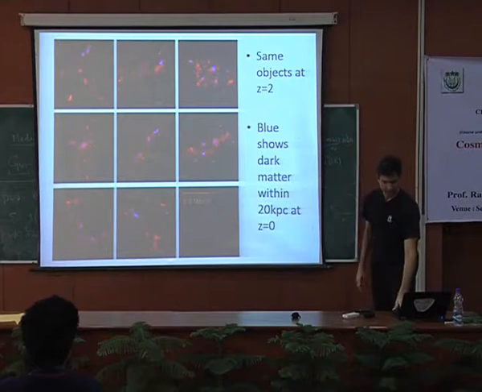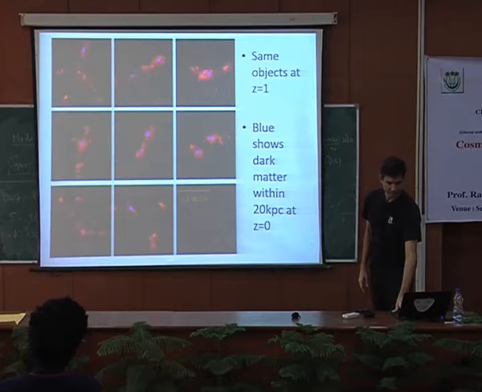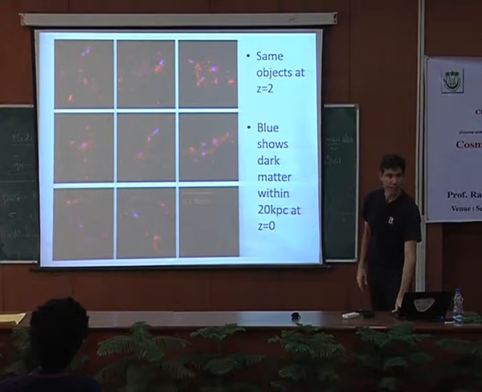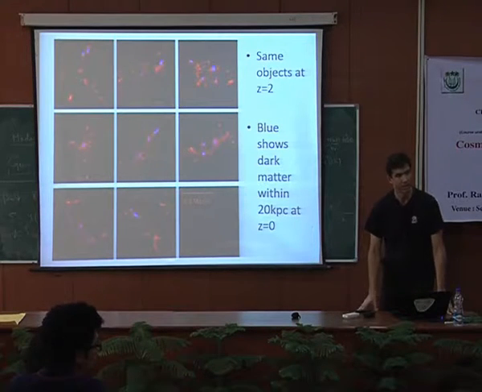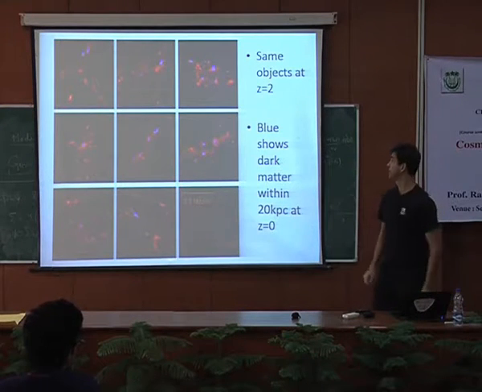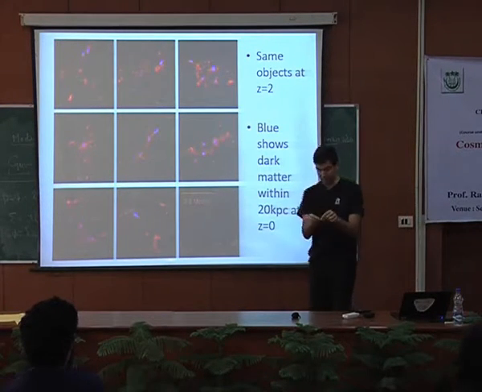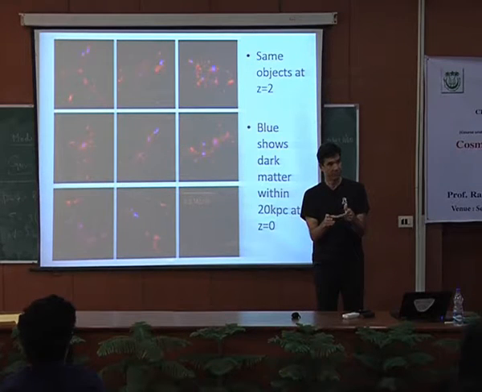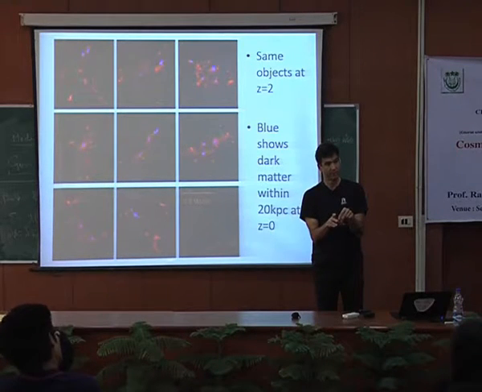Blue regions are always inside red regions? Yes. So, is it due to the effect of smoothing? So this really is, I mean, you have particles, right? So they're just where they are.